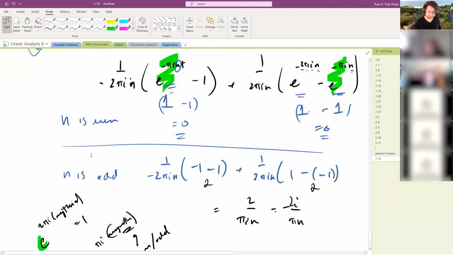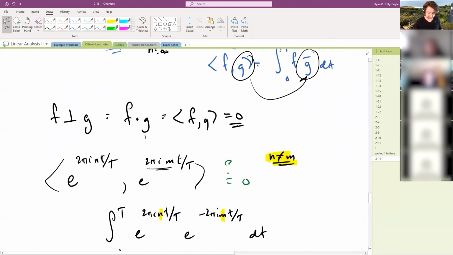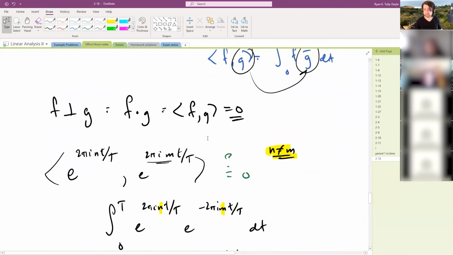To show that these functions were orthogonal to each other. This is a nice question. Maybe I'm letting the cat out of the bag a little bit, but these are questions that are the core ideas, but they're also doable. So just like last time, I have to give you doable questions.